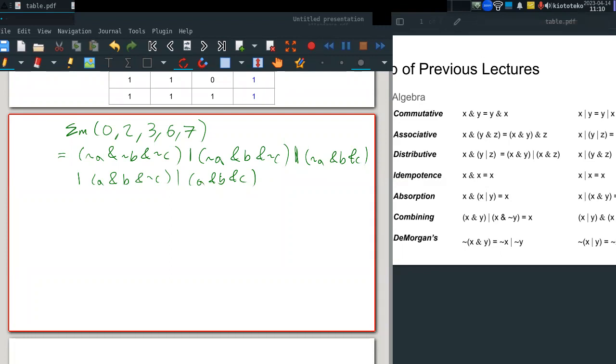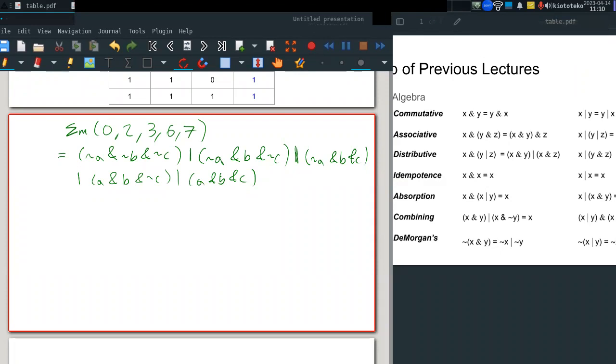We can combine the last two terms, since they only differ by one literal. Yes, so you can apply combining.